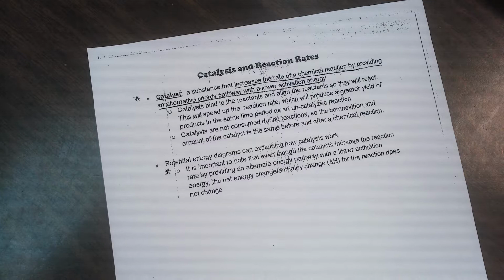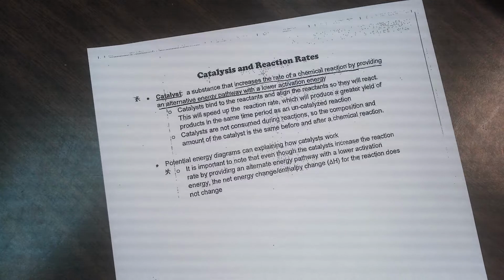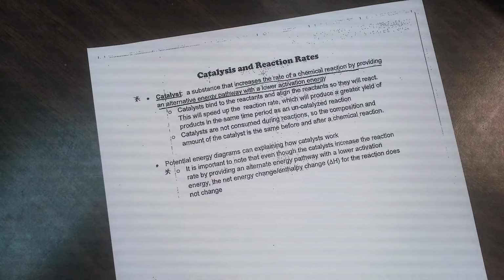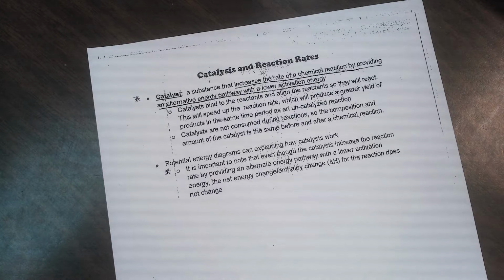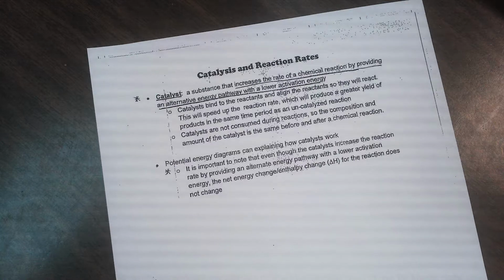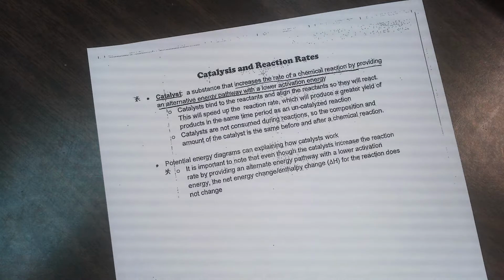So a catalyst is a substance that increases the rate of chemical reaction by giving it an alternate pathway with a lower level of energy required. Remember that activation energy is the energy that we need to get the reactants to move and interact with each other to create that new compound.